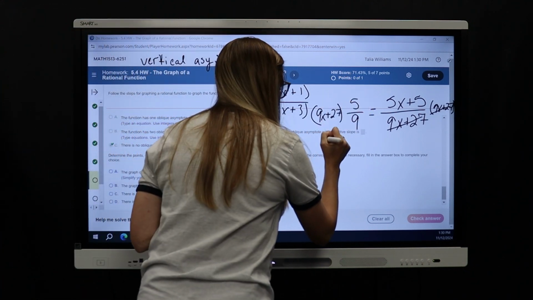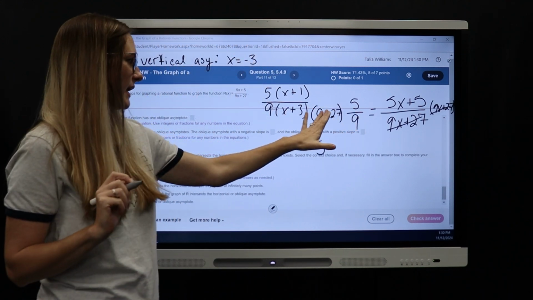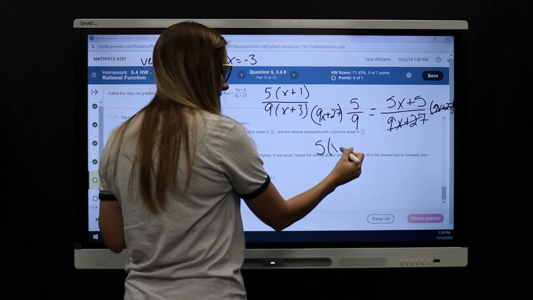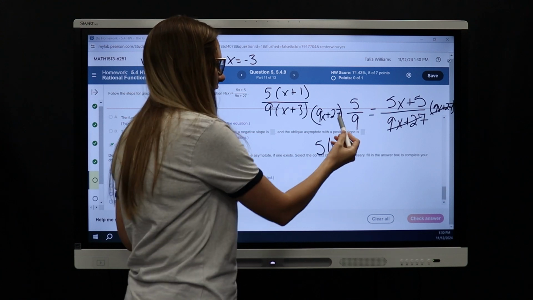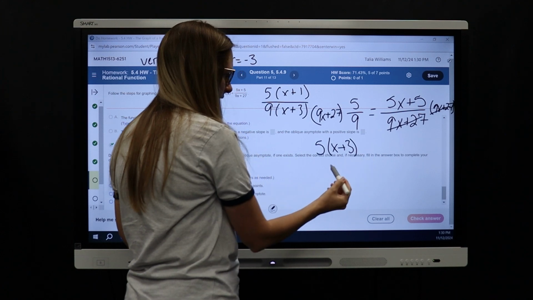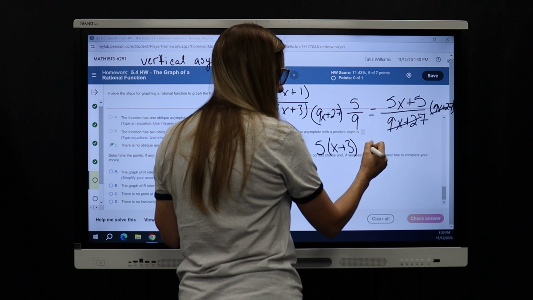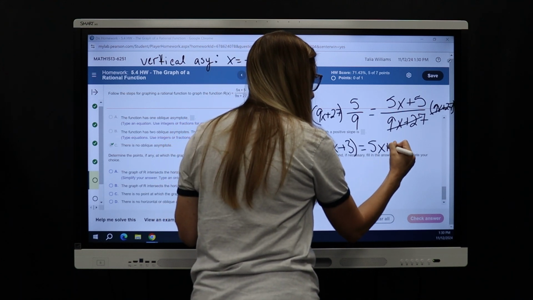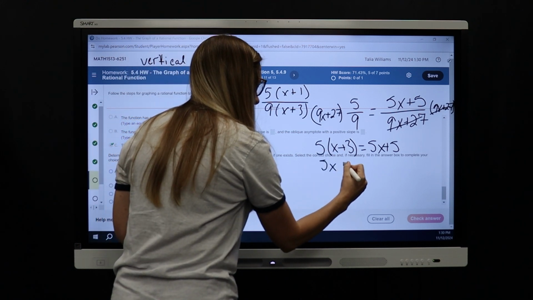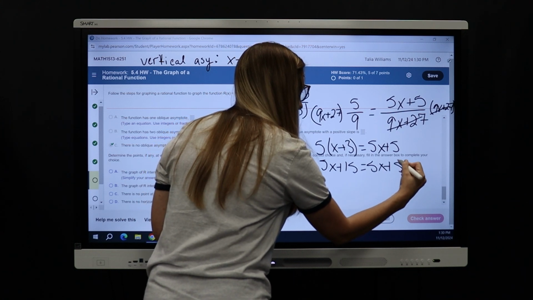I'm going to bring my 5 down. I'm going to divide this by 9 though. So when I divide it by 9, 9 divided by 9 gives me just 1x there. 27 divided by 9 gives me a 3 here. And then my denominator's gone here, so I have 5x plus 5. I'm going to distribute this 5 here, so I'm going to have 5x plus 15 equals 5x plus 5.